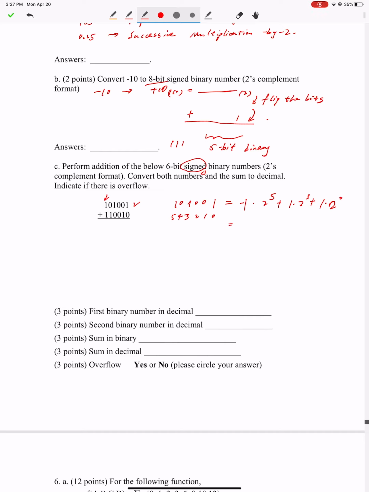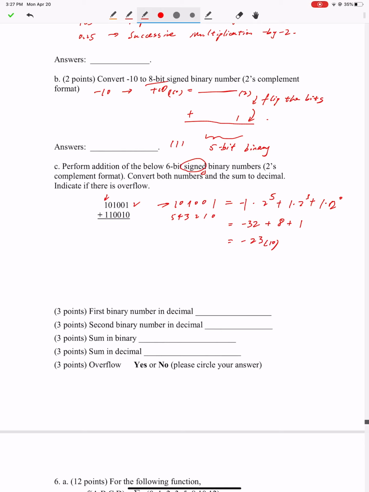And that equals -32 plus 8 plus 1, which equals -23. So that's the decimal representation of this signed binary number.